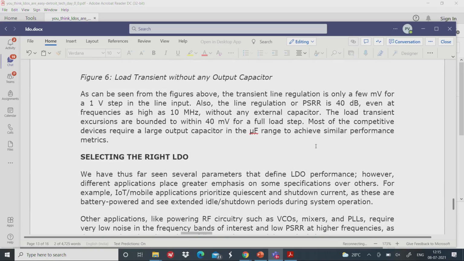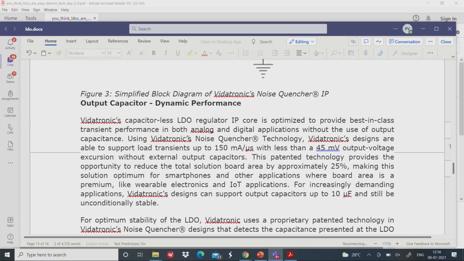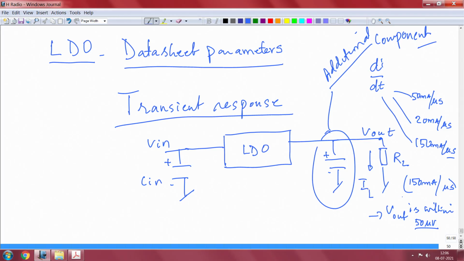I just want to point you to this point of jitter. You can see that low transients up to 150 milliamps per microsecond, right, with less than 45 millivolt. Yes, I just put a number, I put some other number. In fact I put microvolt. He says I do not think you will get even 50 microvolt, you will get 50 millivolt.